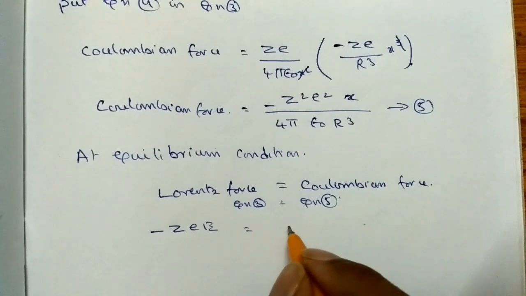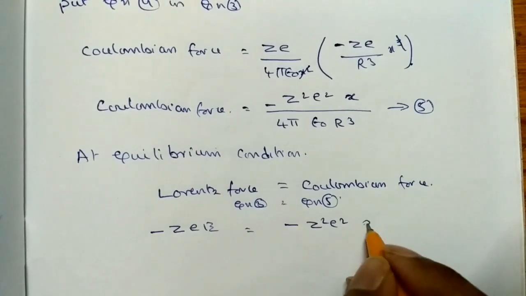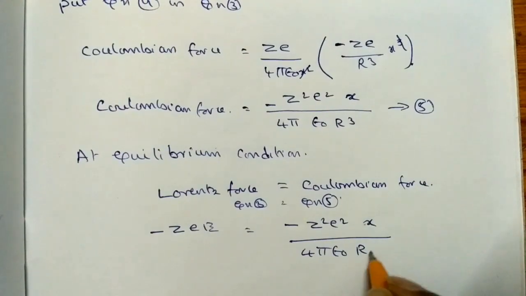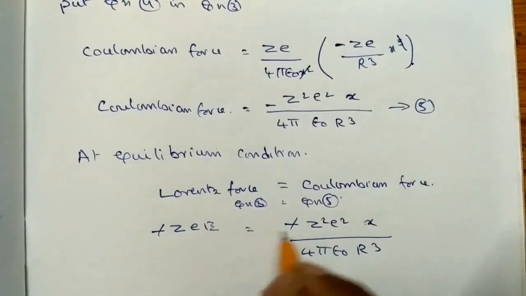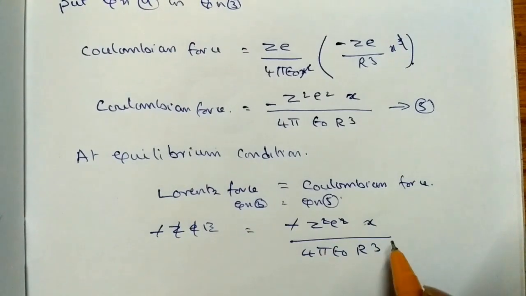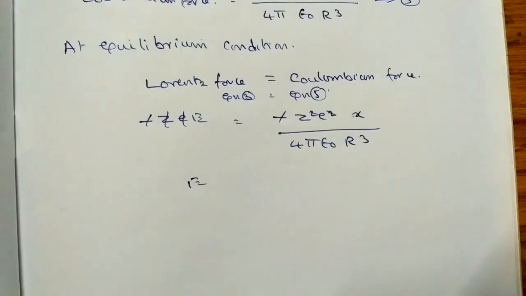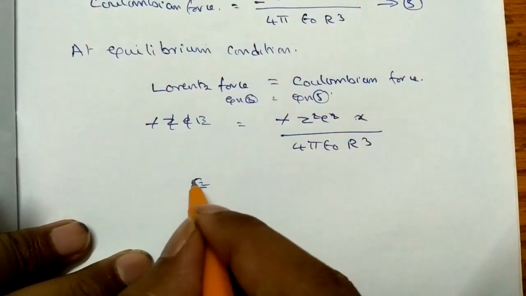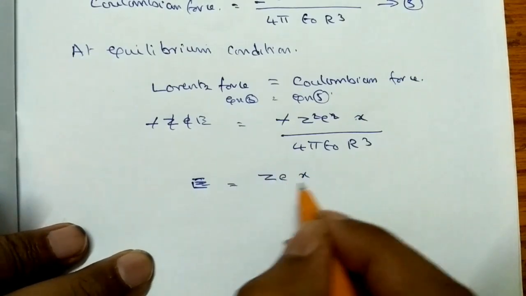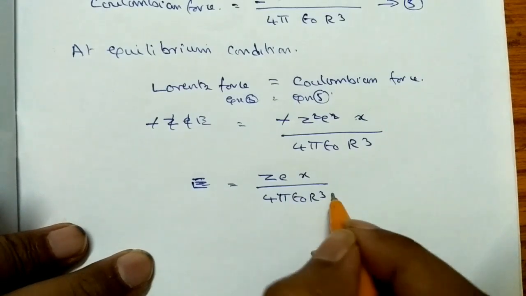ZeE is equal to minus Z square e square x by 4 pi epsilon naught into r cube. Okay, then the electric field strength E is equal to Zex by 4 pi epsilon naught into r cube.